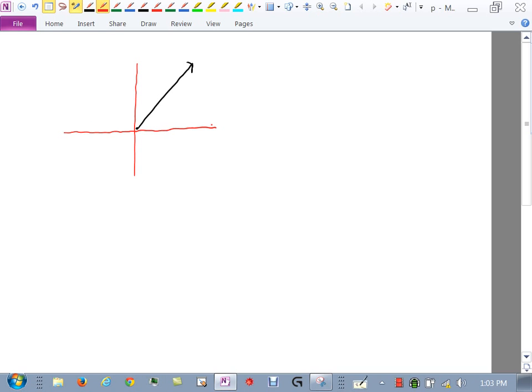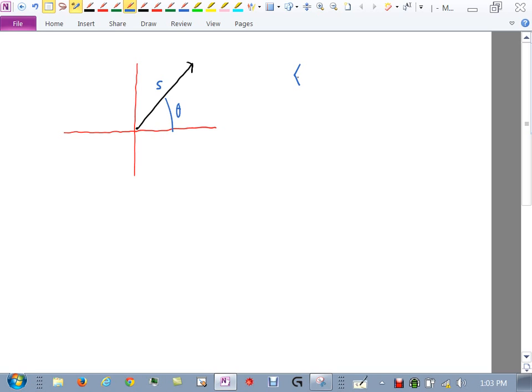You can orient it to the origin. You can slide it around, and then you could talk about the angle here, theta.